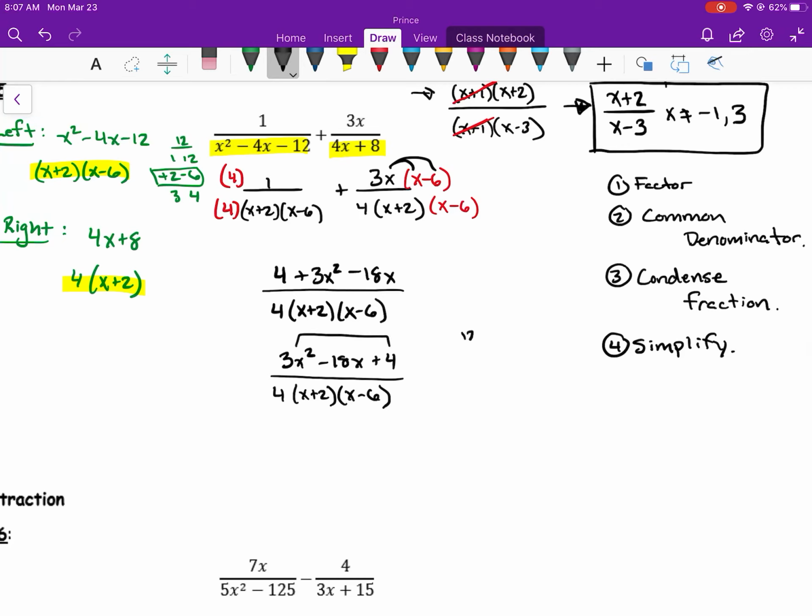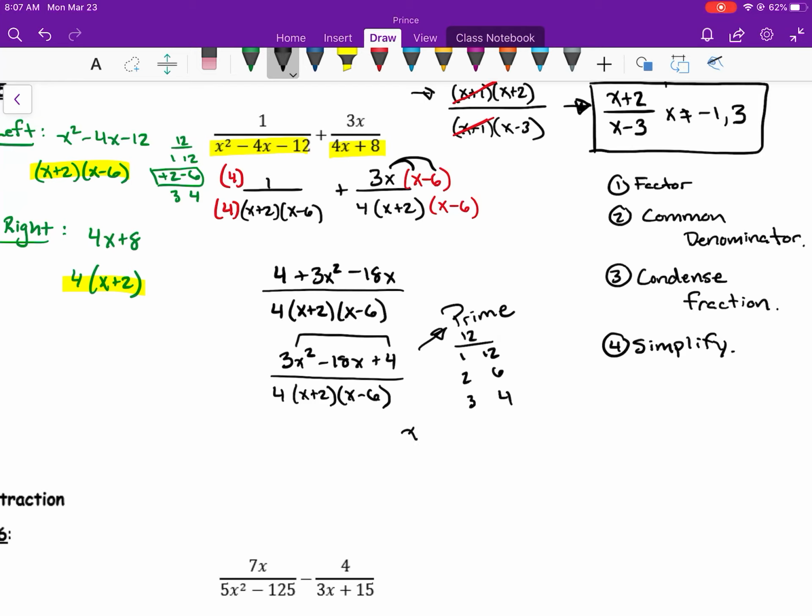So first times last gives me 12. Don't think there's any factors of 12 that can make 18, no matter how we slice it. Yeah, there's no way. So again, we get another one that's prime, which is great because then you don't have to factor and cancel out more things. So that's prime, leave it there, and then we'll state our restrictions.